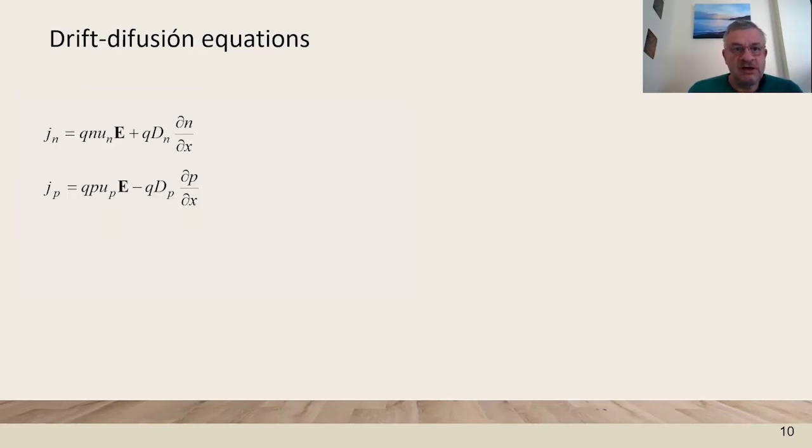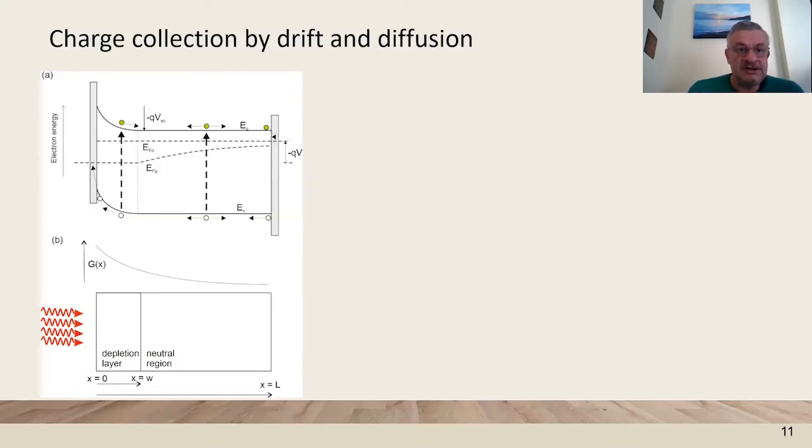We have seen so far two mechanisms for transport. One is diffusion, the other is drift in the electrical field, and we can combine them into equations for the current for electrons and holes, and these are called the drift-diffusion equations. In a given situation, we can have the two mechanisms.